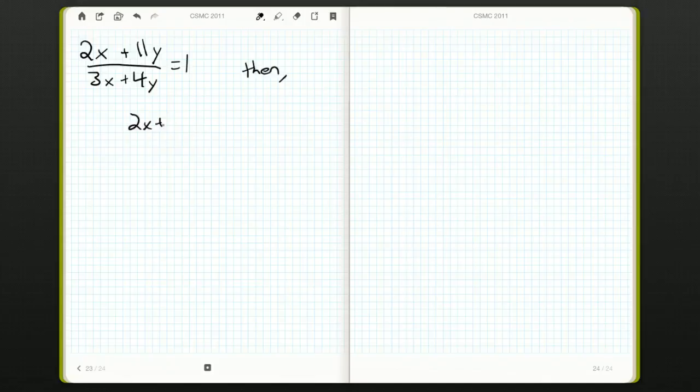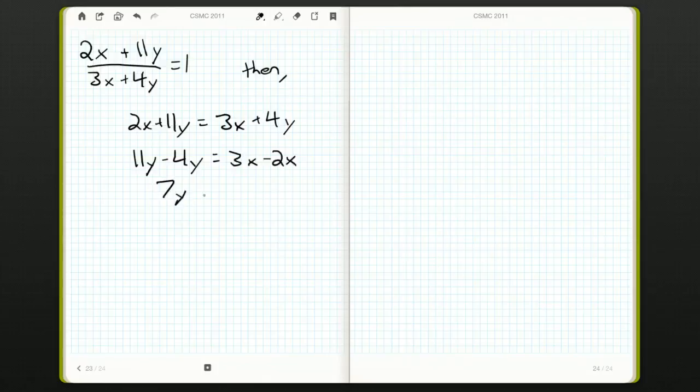So 2x + 11y = 3x + 4y. What we want to do is bring all the x's to one side and all the y's to the other side. So let's bring all the y's over to the left-hand side. That simplifies to 7y = x.